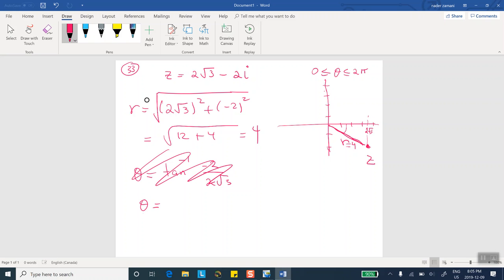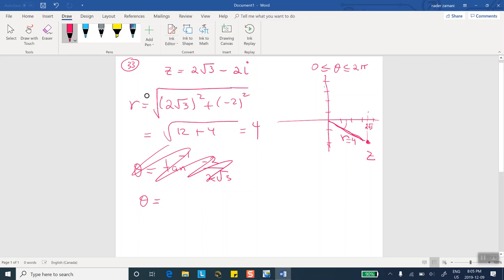Let me call this angle the shown angle. The shown angle is equal to tan inverse of b over a, and I'm going to ignore the sign of these things. Sign means negative or positive. Okay, so it's going to be 2 over 2 root 3, and this is equal to 1 over root 3.